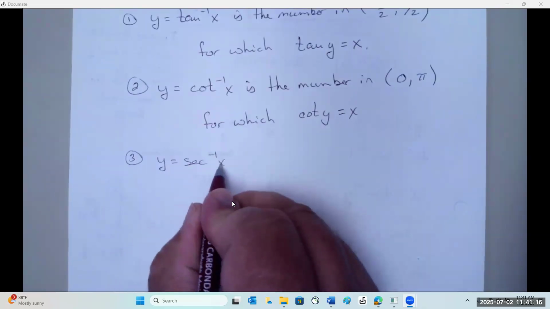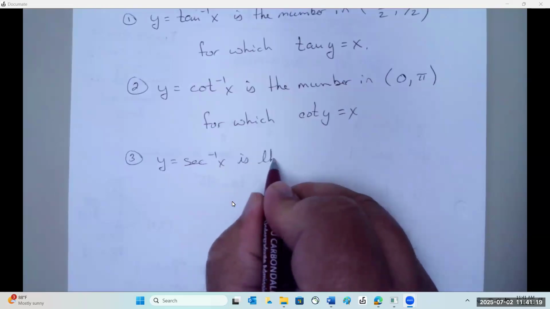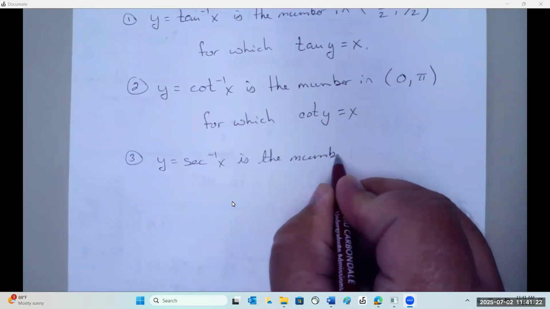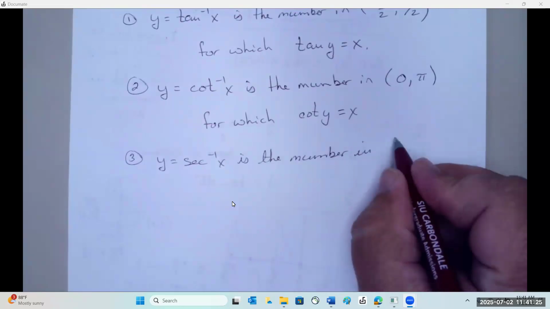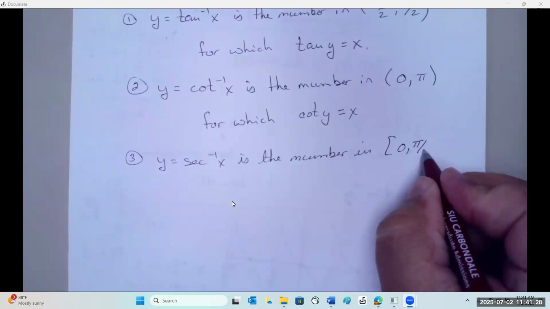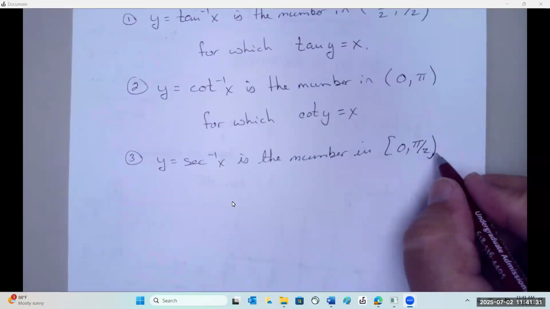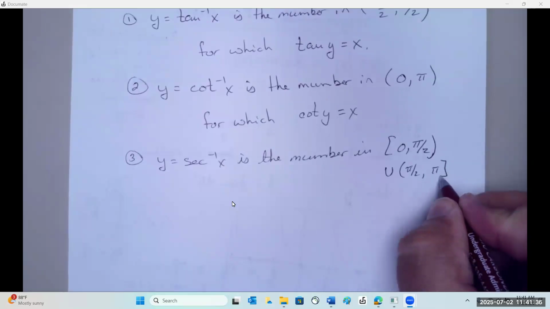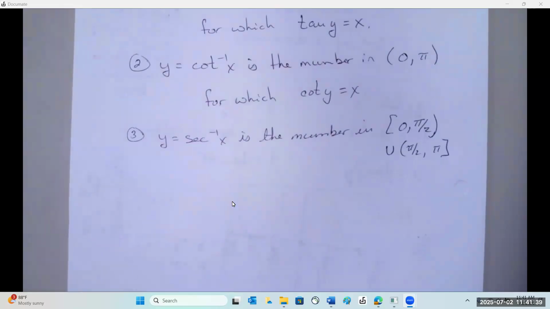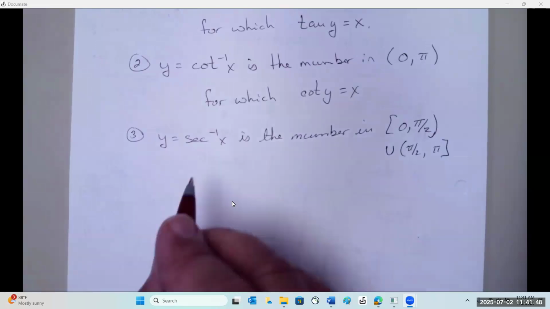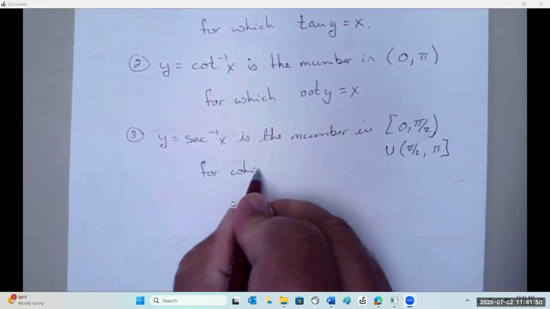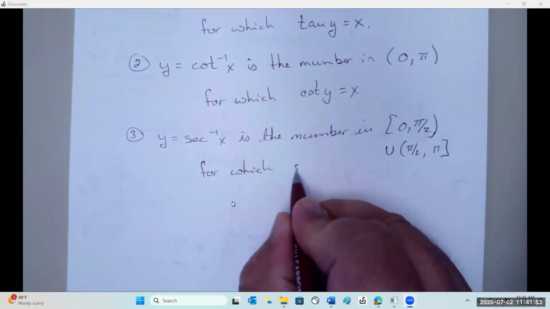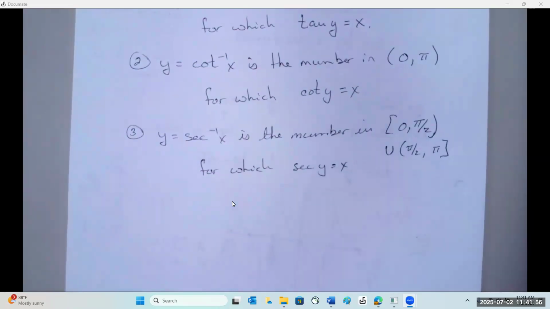Y equals the inverse of secant is the number in 0 to pi over 2 unioned with pi over 2 to pi. You notice how we have open or semi-open intervals whenever we deal with these inverse functions, for which secant of y is equal to x.